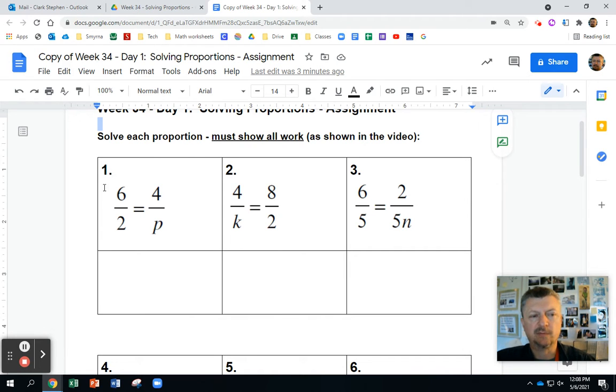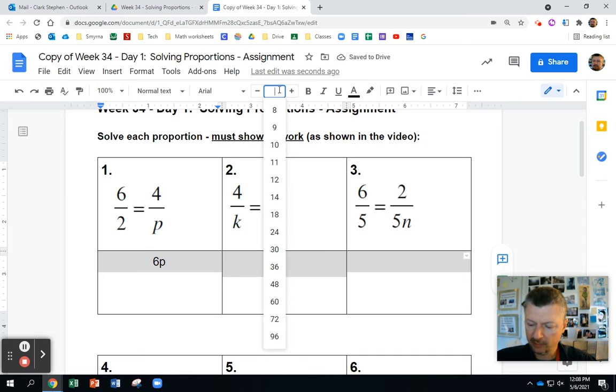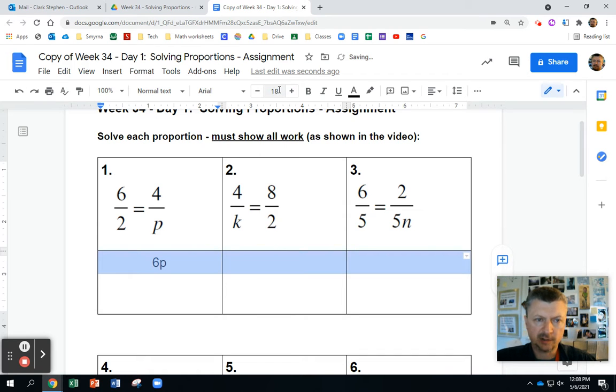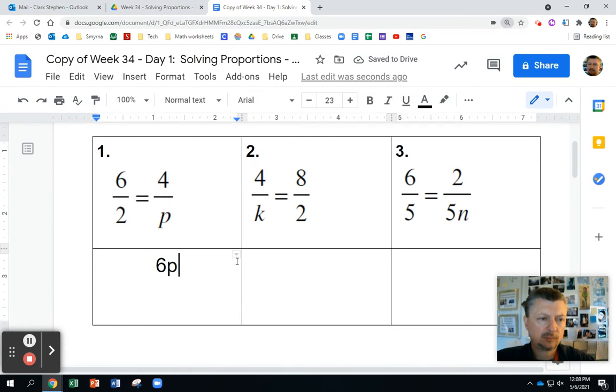You probably did this before. So 6 times P is going to give me 6P. Everybody can see it good? A little bit bigger. Okay, so 6 times P is going to equal 2 times 4.